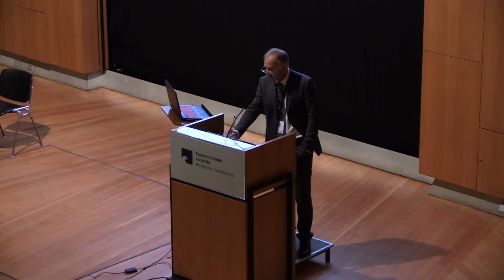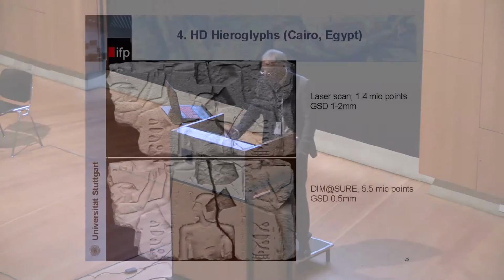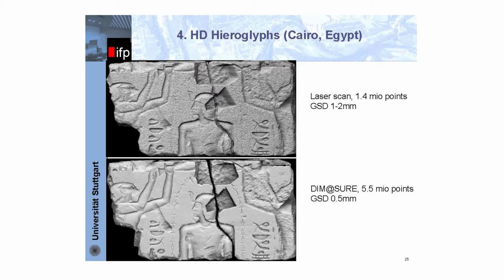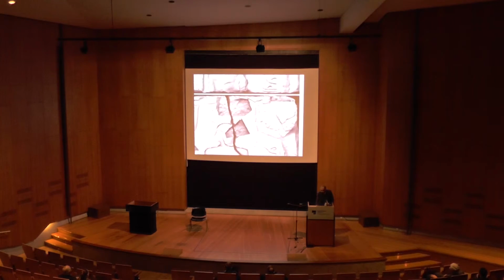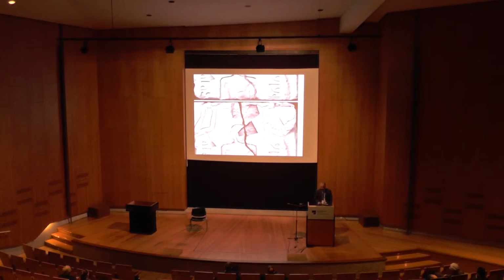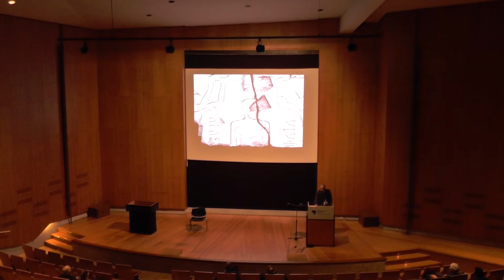This is a laser scan, the upper part, 1.4 million points. The GSD on the object is around 1.1 to 2 millimeters, and you see it here. But if I go to the image reconstruction, which is over here, you see this is much more, and the resolution is much better, and you find all the details in this reconstruction using photogrammetry.